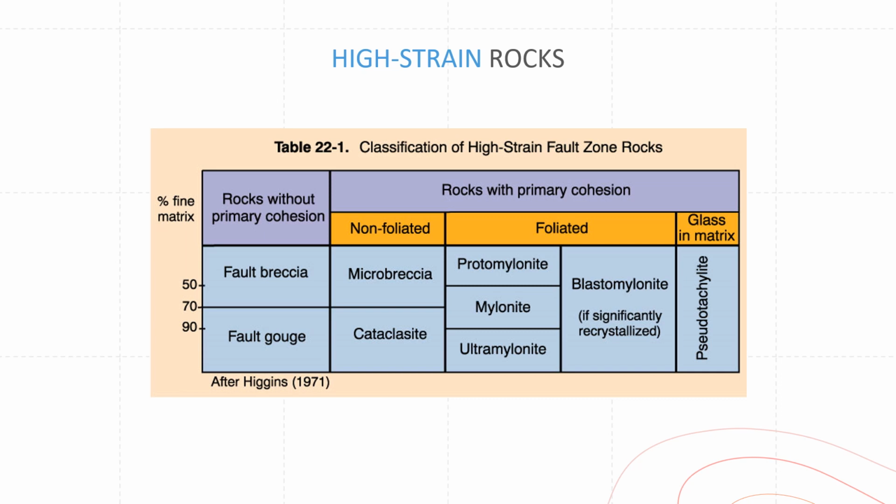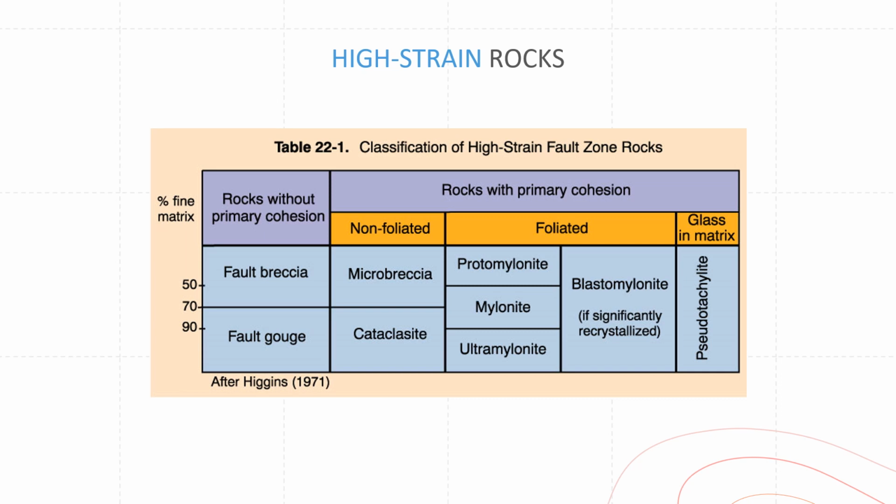And in extreme cases of very high deformation, thin and commonly anastomosing seams of glassy rock known as pseudotachylite are generated. So there's glass, which is attributed to melting due to frictional heat. So that is Table 1.